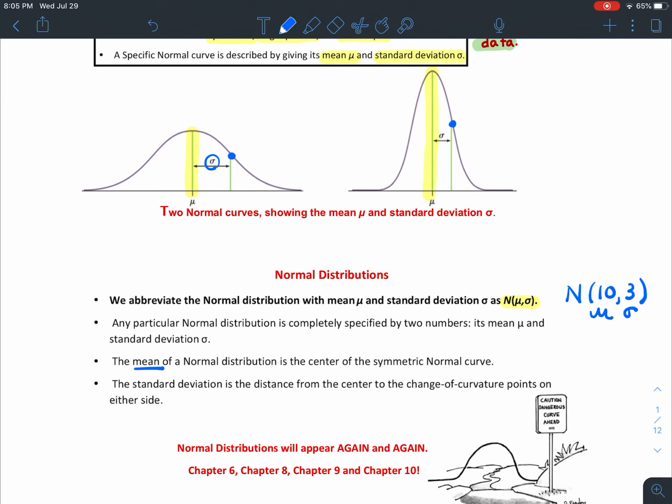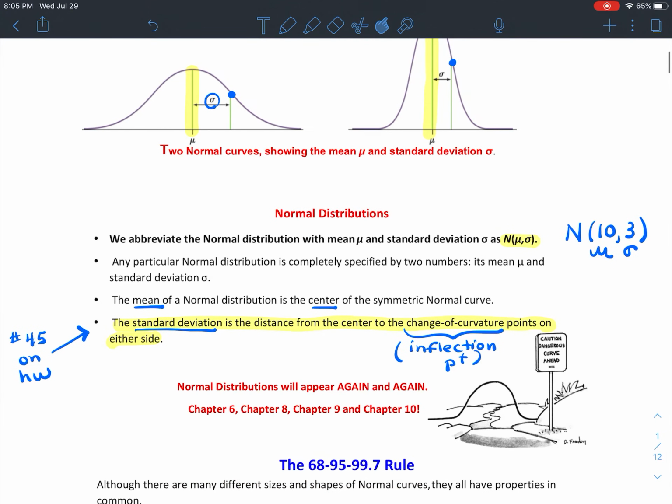The mean is the very center, and the standard deviation is the distance from the center to the change in curvature point. That is referred to in calculus as the inflection point. Number 45 on your homework is going to hit on this idea.